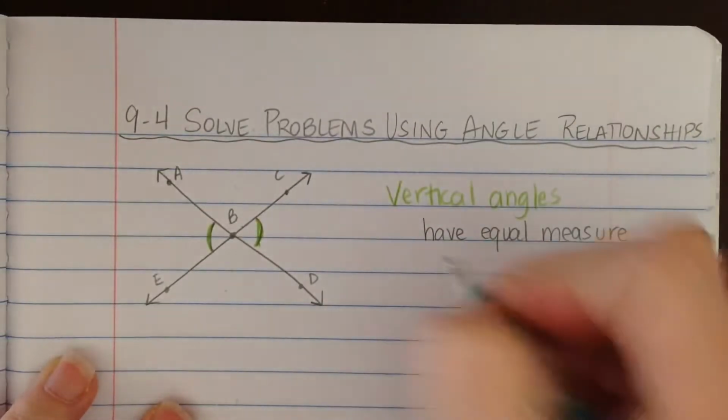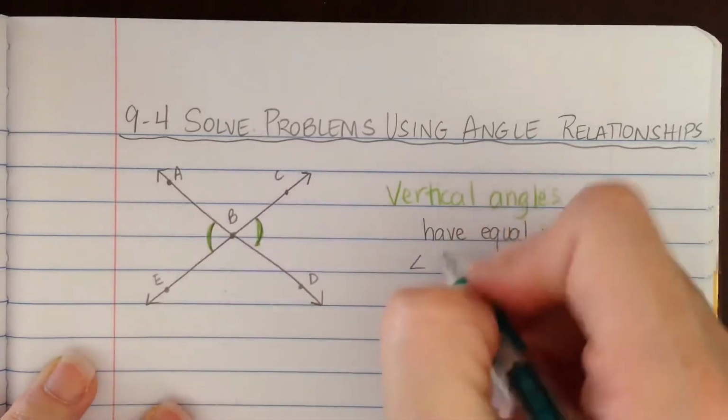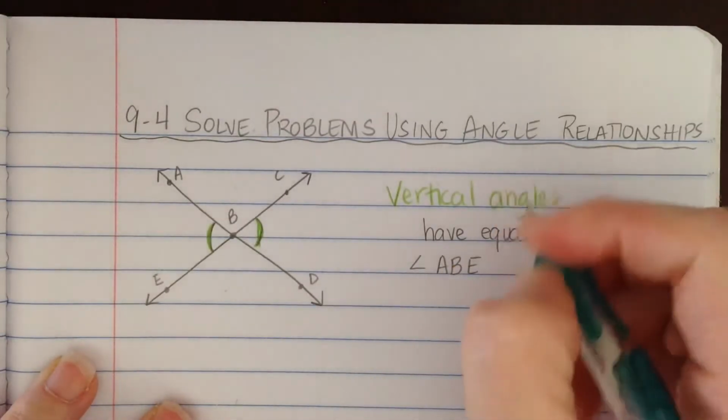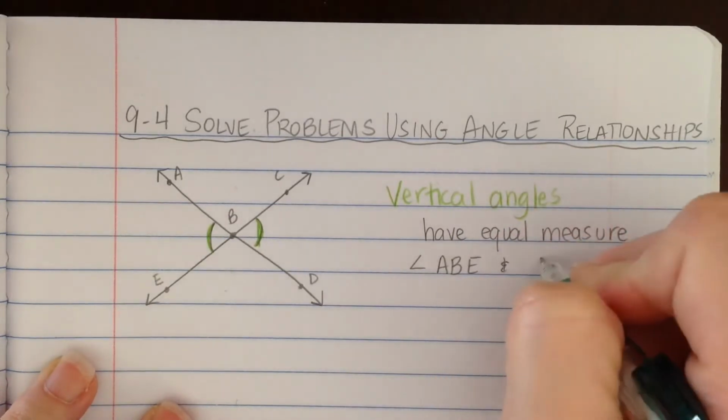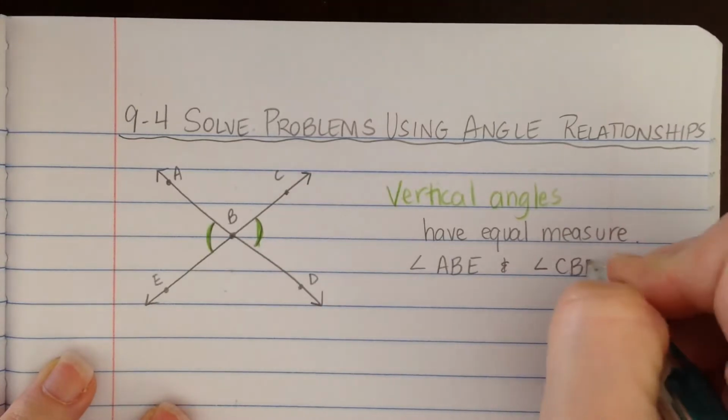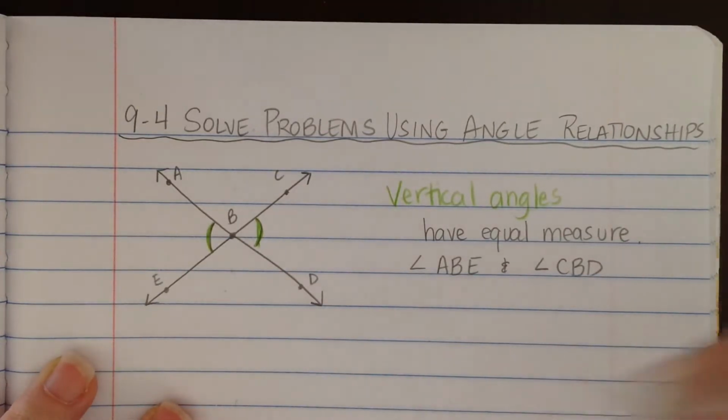So we would say here that angle ABE and angle CBD are vertical angles. They are also equal.